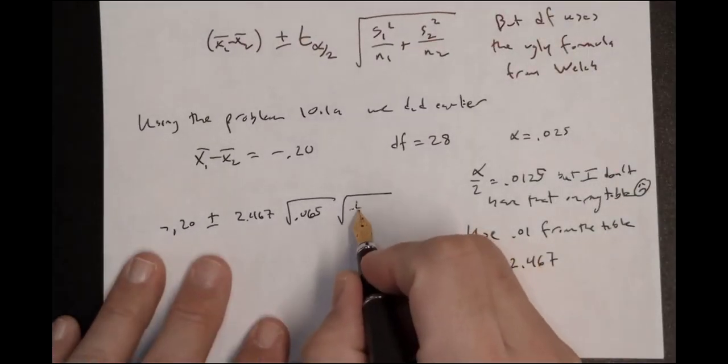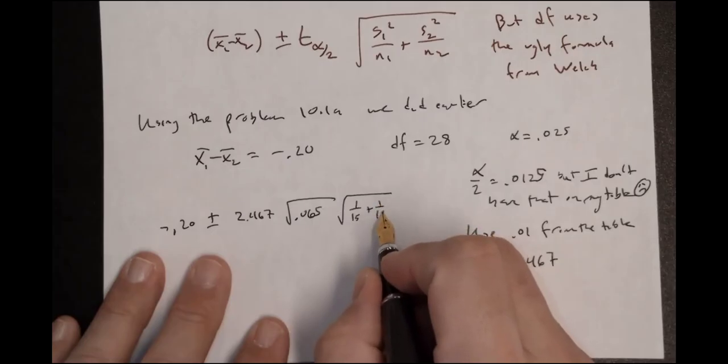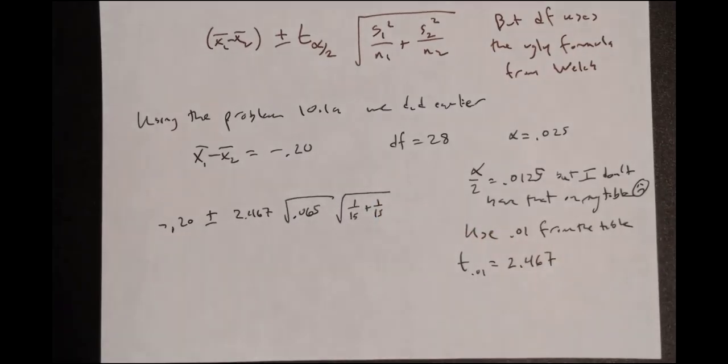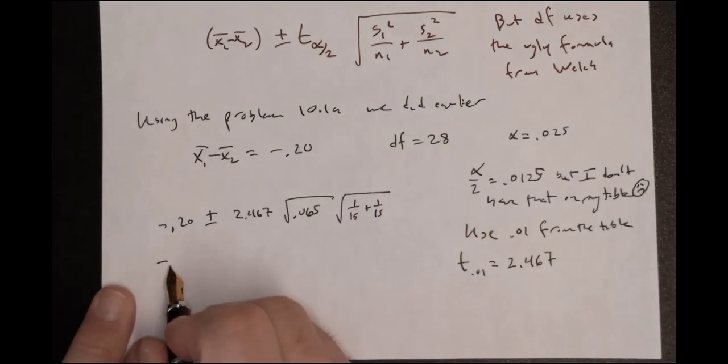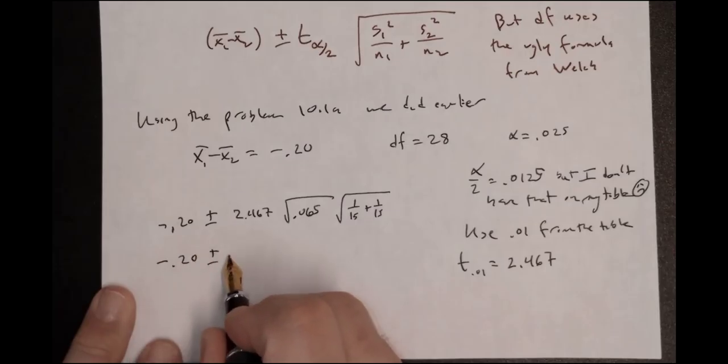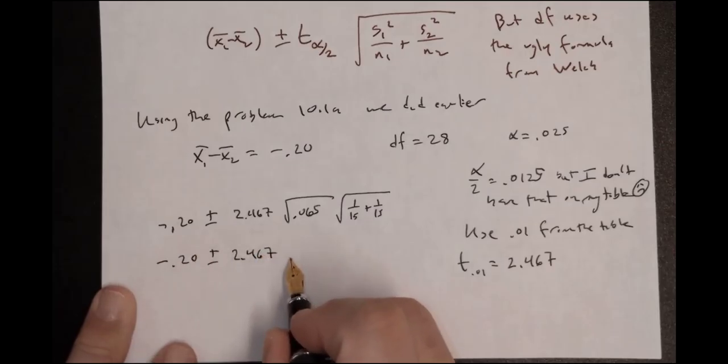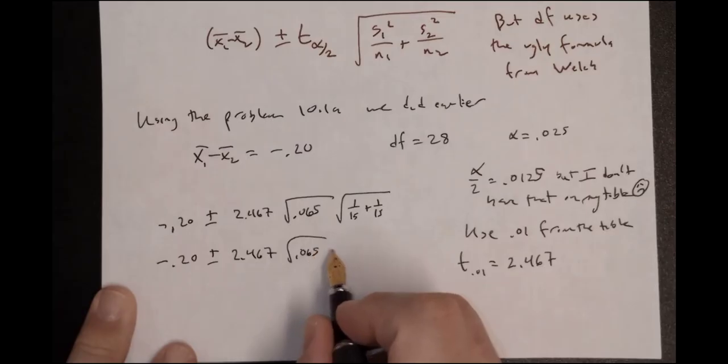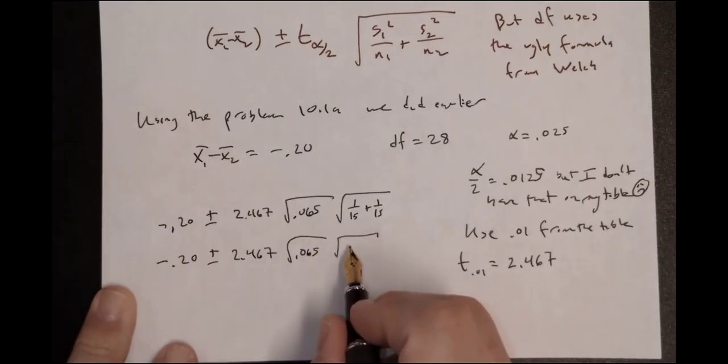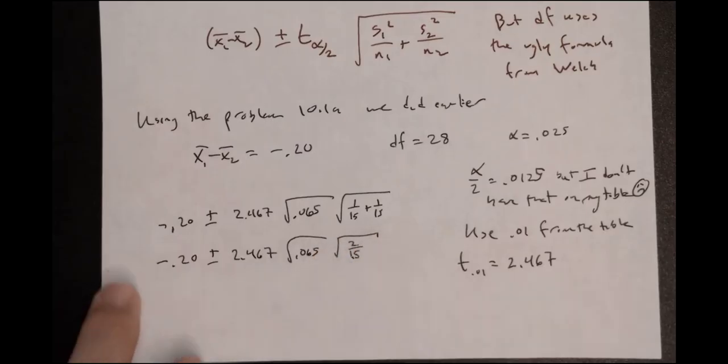So I'll have 1 over 15 plus 1 over 15, which gives me 2 over 15.